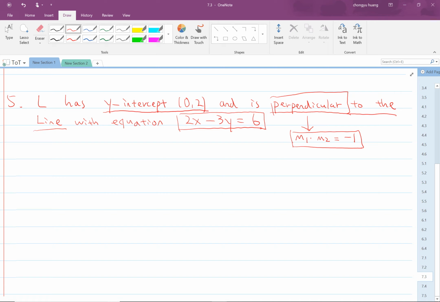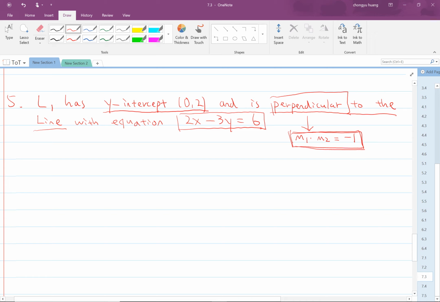We need to find the slope of L1, because we have been given a y-intercept. If we have a y-intercept plus the slope, we can use the slope-intercept form. Let me repeat one more time: perpendicular means m1 multiplied by m2 is equal to -1.